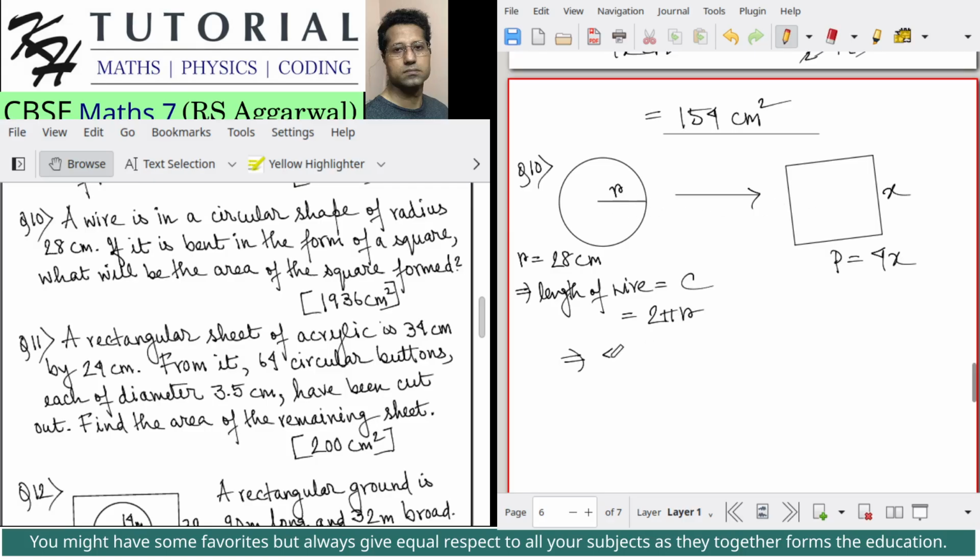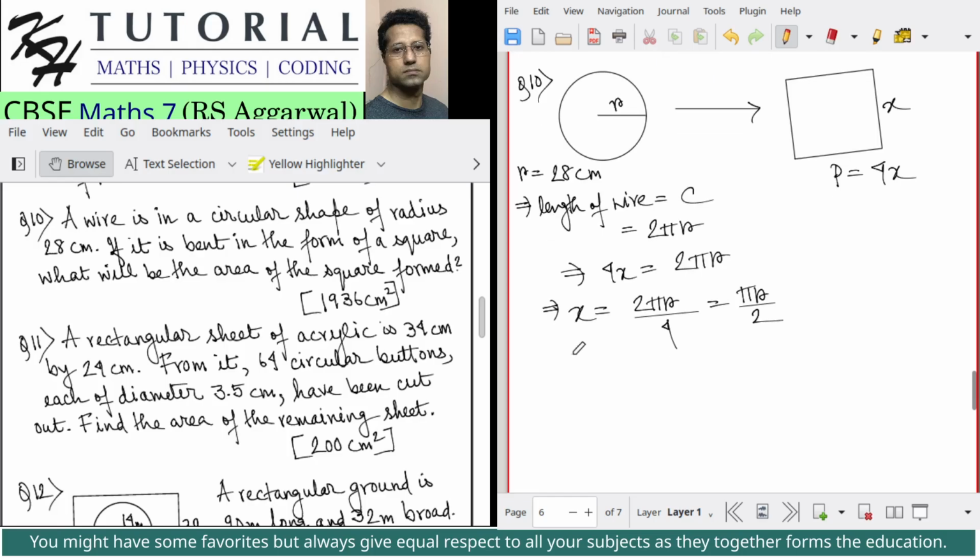So we can say 4x is equal to 2 pi r. Remember that small r is known. So this implies x is equal to 2 pi r divided by 4, which is pi r by 2. Okay, so now what will be the area of the square?